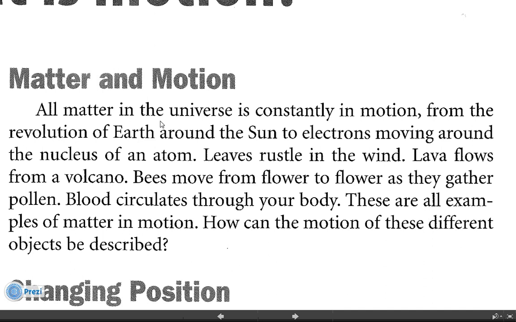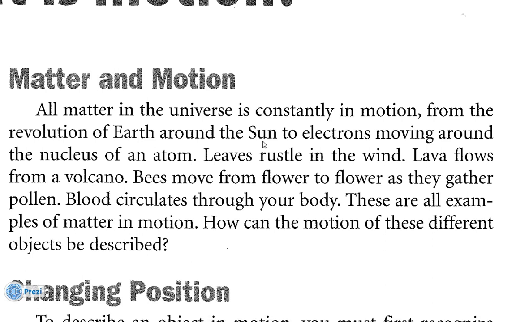Now, two things I think about when I read this are, one, these two comparisons. From the revolution of Earth around the sun to electrons moving around the nucleus of an atom. These two motions are the same because it is something revolving around something else.